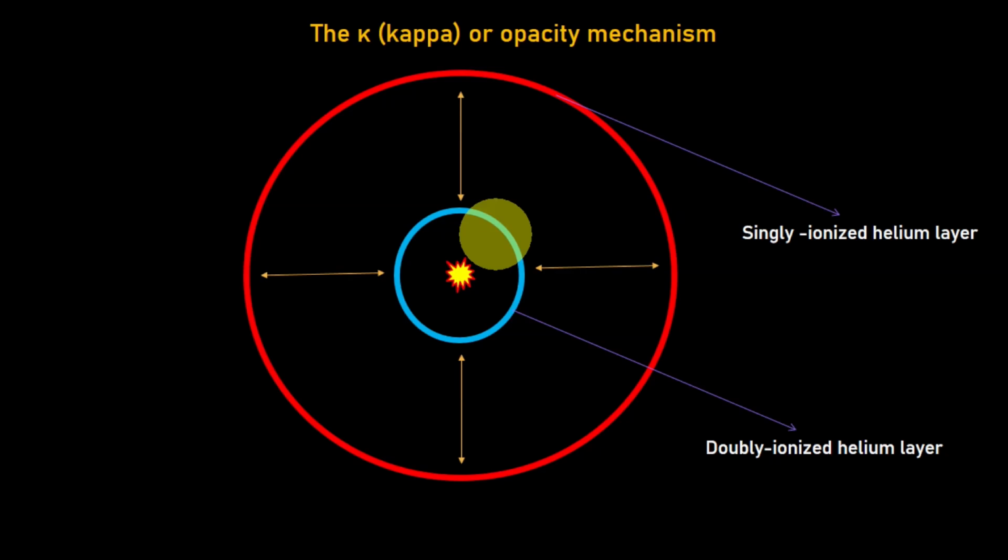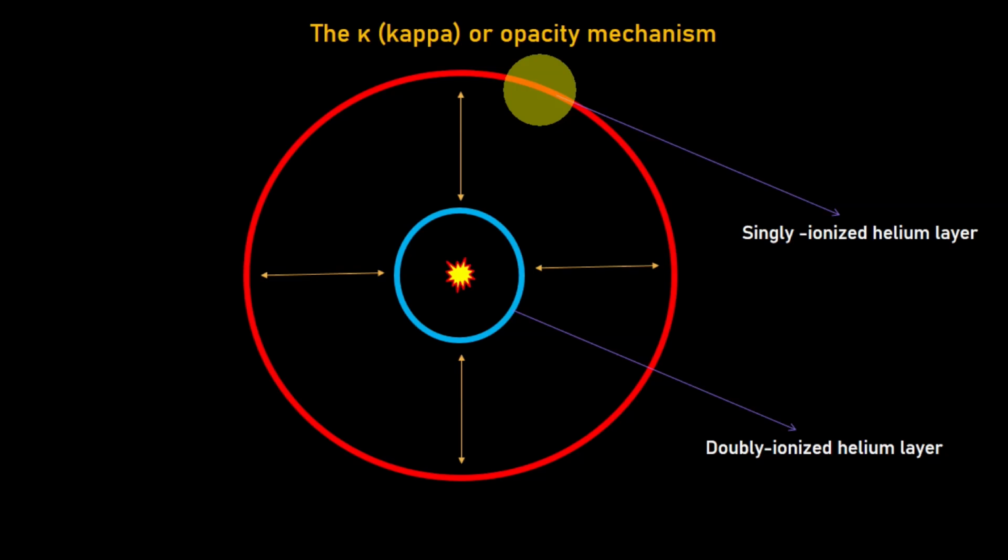As that happens, the radiation pressure is going to push the matter out, and as it pushes the matter out, the helium is going to start to gain electrons. It's going to become singly ionized until it gets to this point. As it is being pushed, it becomes less and less opaque, I mean more transparent, so that radiation is going to seep through any escape route.